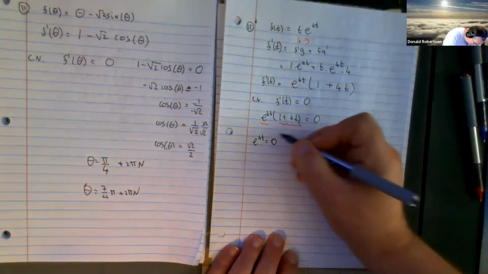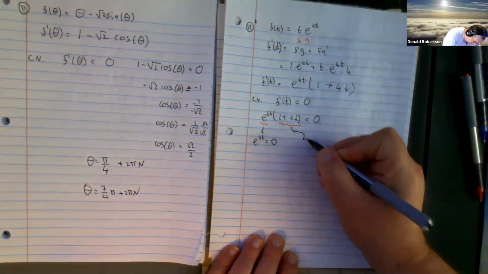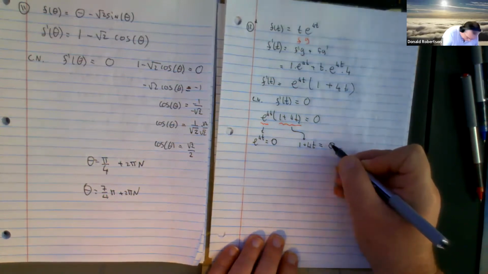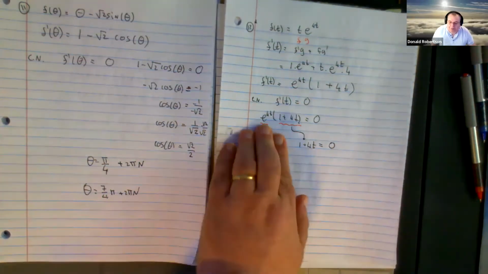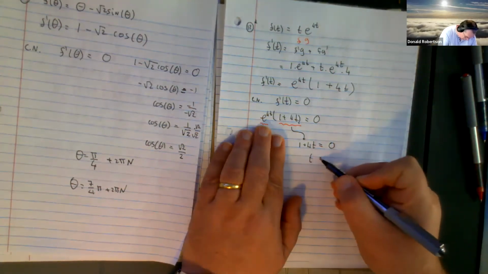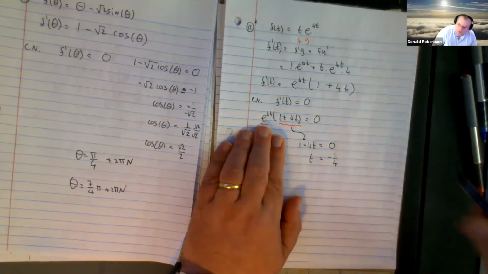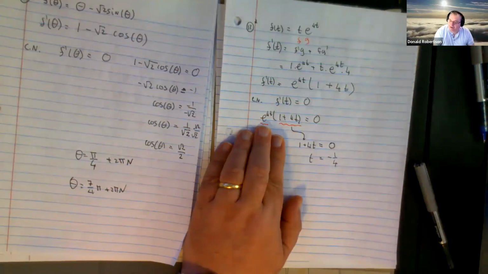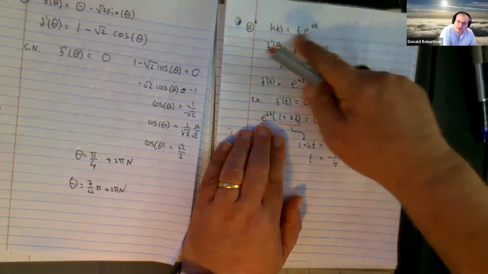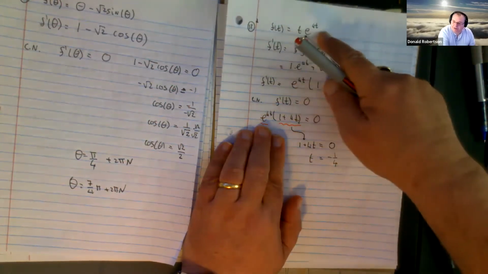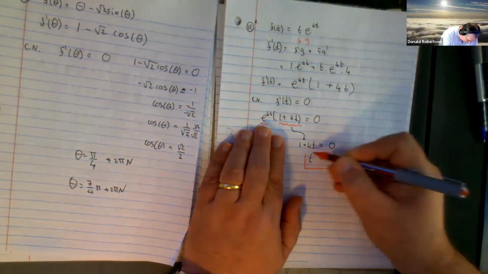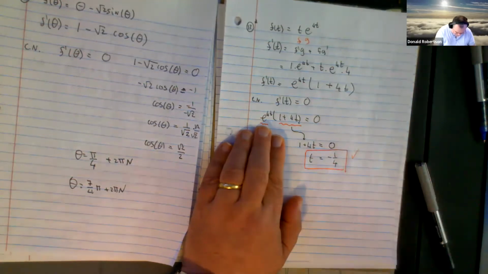And the other candidate is values of t that make that 0. Well, let's forget about this one for a minute. If you look at that, would you agree that that's going to be equal to 0 when t is -1/4? You do it in your head, right? -1/4. And can you use -1/4? Of course you can. In fact, isn't the domain of this function everybody? So if you can find it, you can use it. So there is, check, that one.